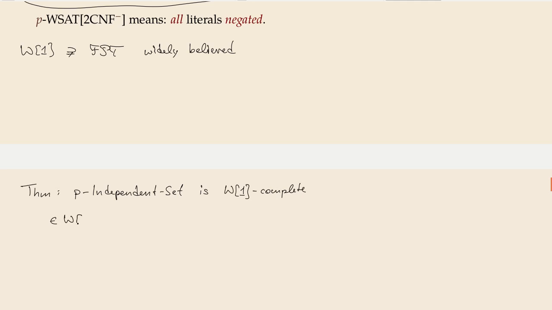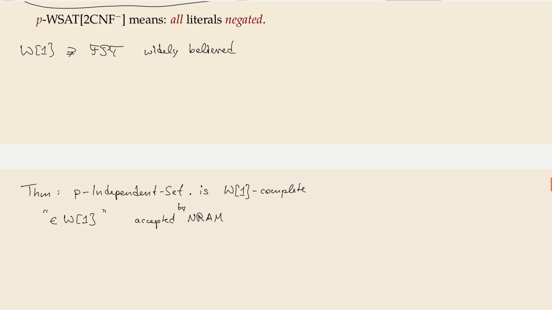So why is it in W1? Well, we have defined W1 such that there is a nondeterministic RAM. And for the independent set problem, it's actually easy to see why this is accepted by such an NRAM. So we know it can compute a lot of stuff, but then in the end, the non-deterministic part must only depend on k, on the parameter.